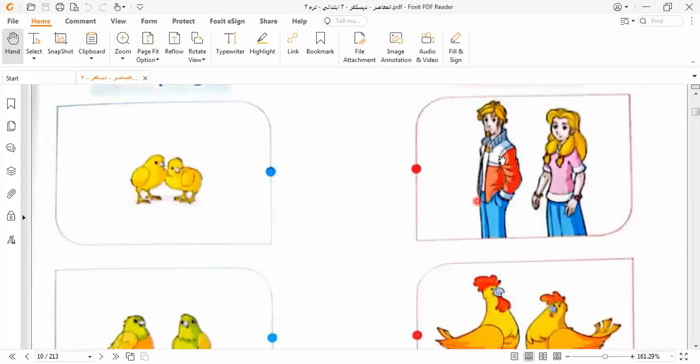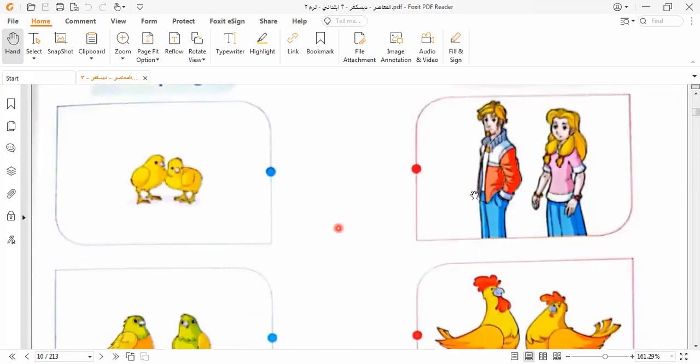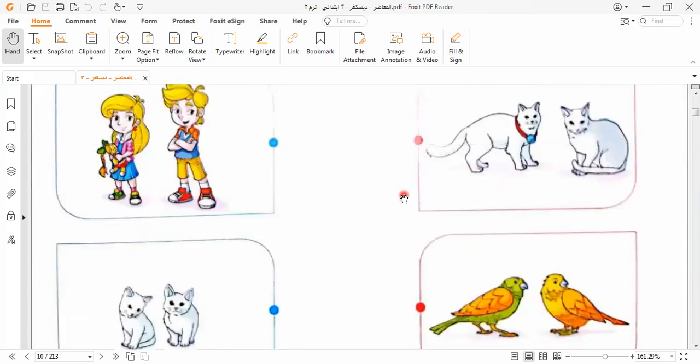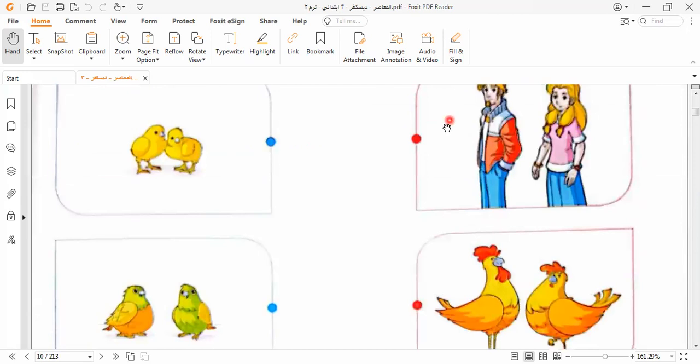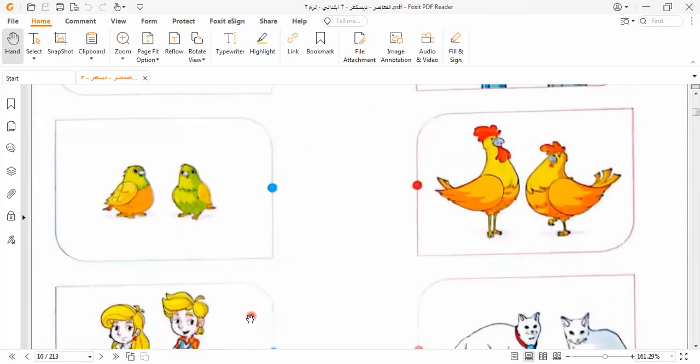Can we match the two parents with two dogs? Wrong. Or two chickens? No. We take the offspring from the origin. So for these two parents, which one is suitable? This one. So I will select this picture with this picture. Okay, this one with this one.